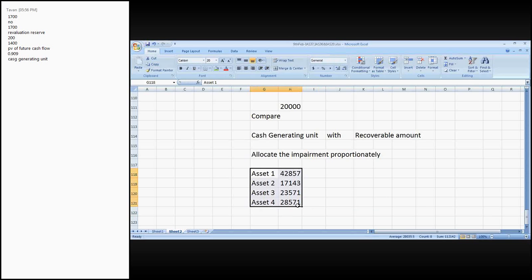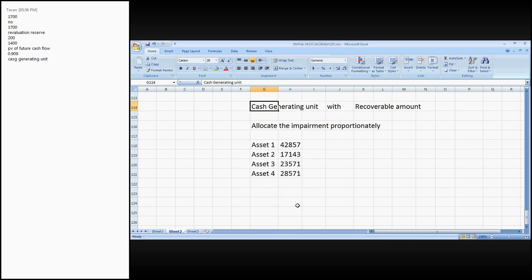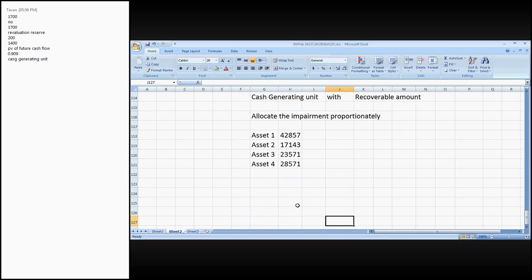Clear? Okay. It may happen that out of the 20,000 impairment, I clearly know that the impairment related to asset 3 is 7,000 and the impairment related to asset 4 is 5,000.